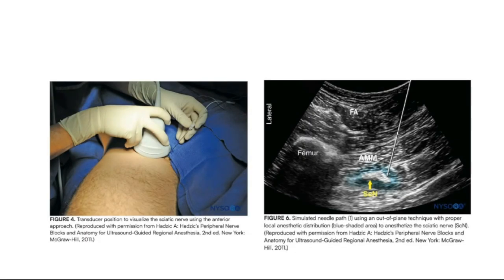Have you ever done blocks for AKA? Okay. Personally, if I do AKA, I go probably a bit overboard, but I do either transgluteal or subgluteal plus femoral plus LFCN plus obturator for AKA. But the most important thing is the sciatic and femoral.